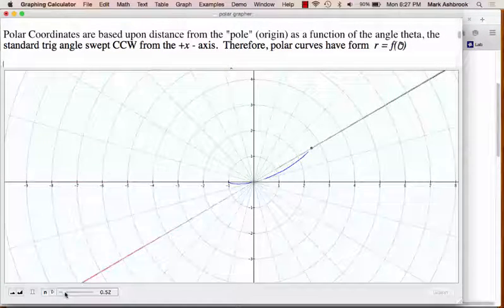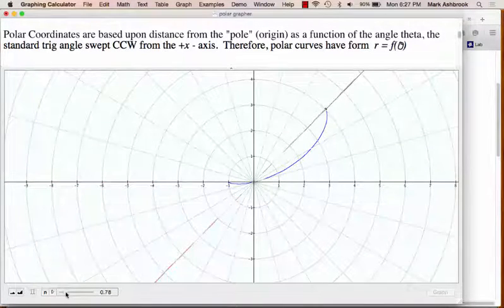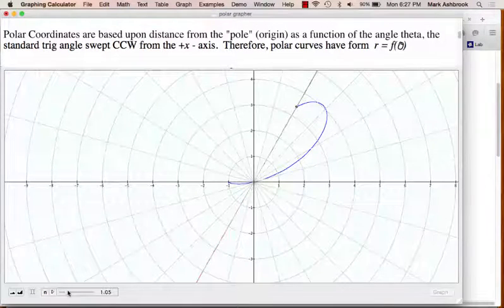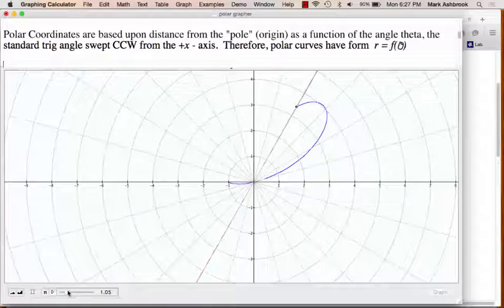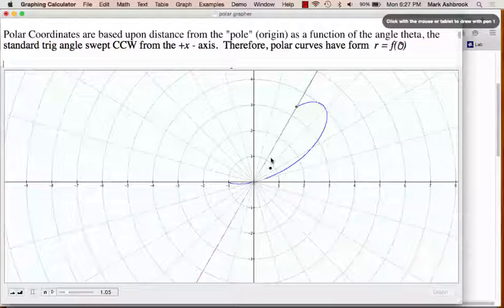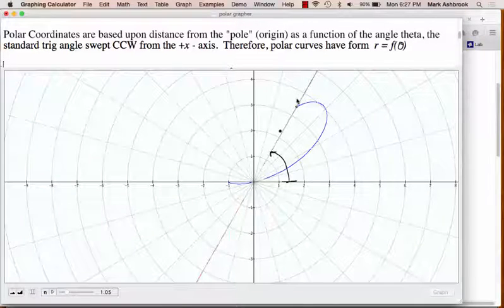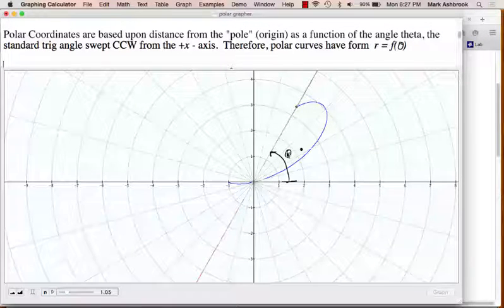So notice we're rotating around here. Right now we're looking at this angle; the input of the function is this angle measure right here. That's our theta. The initial side is the positive x-axis, and here's our terminal side right now. That's theta.